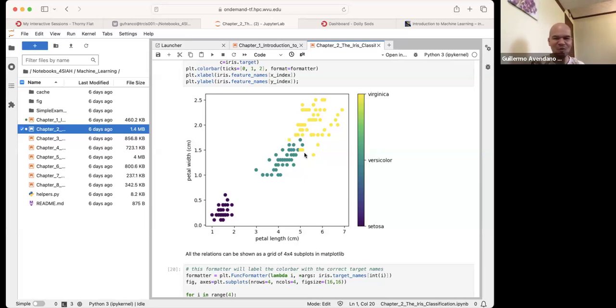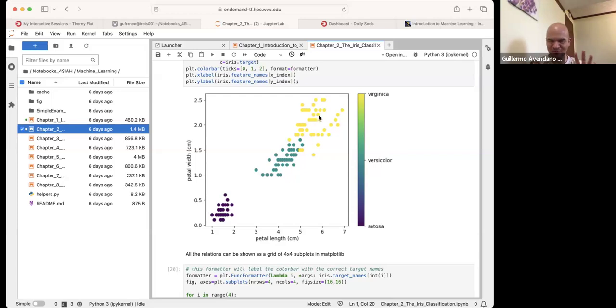And here we have some mixture. Some dots are inserted into the yellow blob. And on the contrary, there are a couple of yellow dots that are in what we could see roughly as the cyan blob. So the Setosa is very well identified.